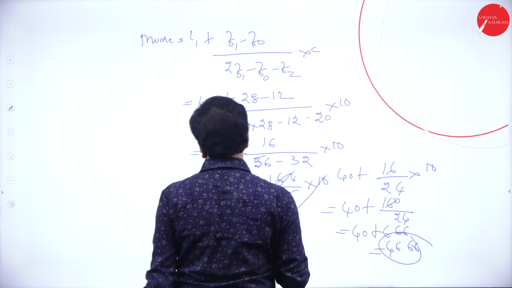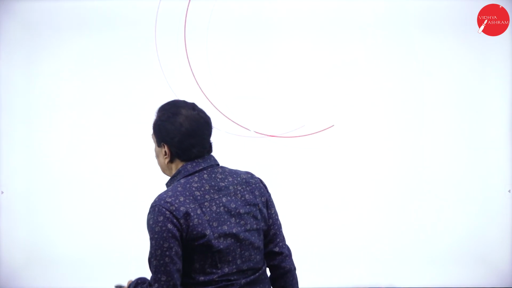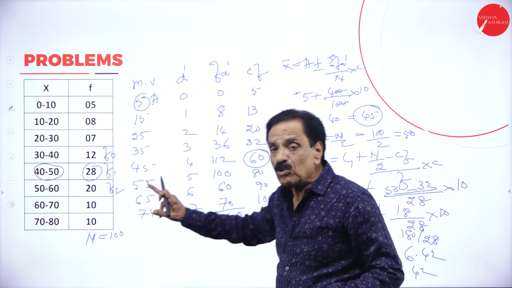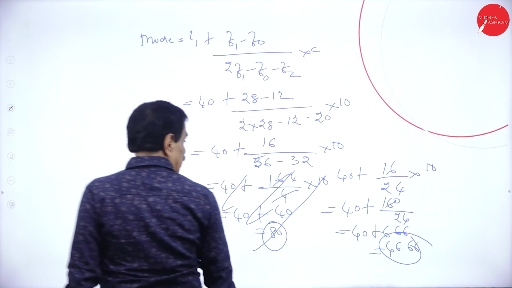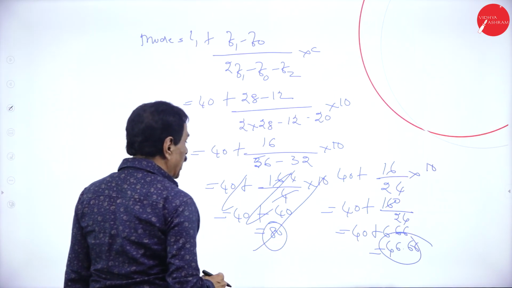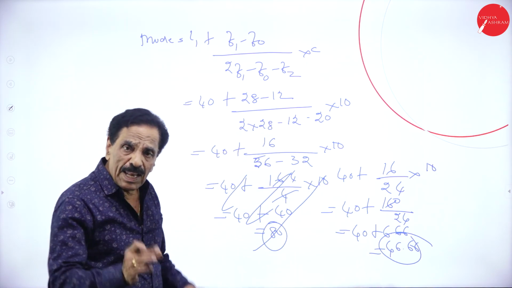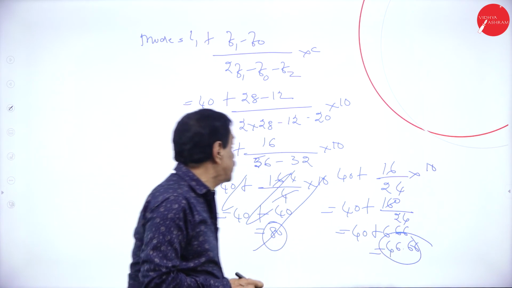This is your answer, because your modal class lies between 40 to 50. You should not go out of the 40 to 50. So your answer is 46.66, which means your mode lies in the class of 40 to 50.